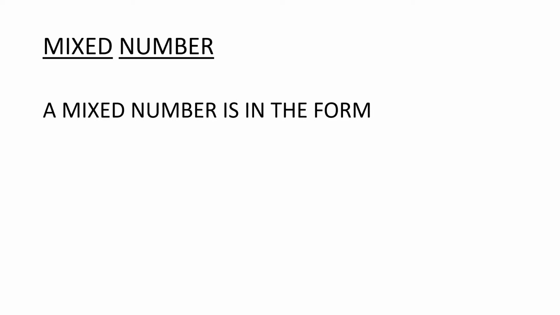Just bear that in mind. Now, a mixed number is in the form of a whole number and a proper fraction. Now, we have here 1 plus a half. The whole number part is 1 and the proper fraction part is half.